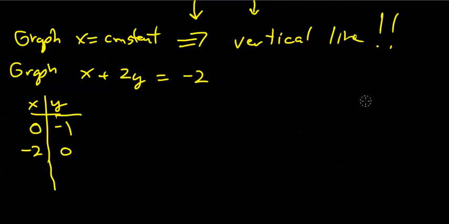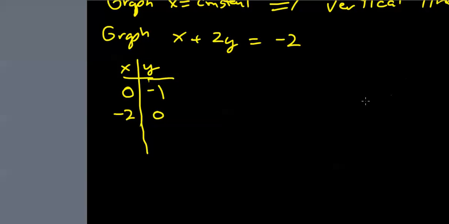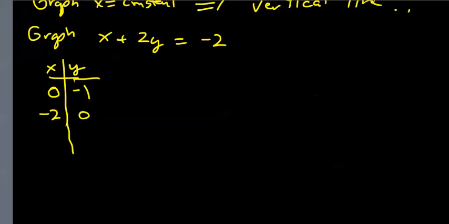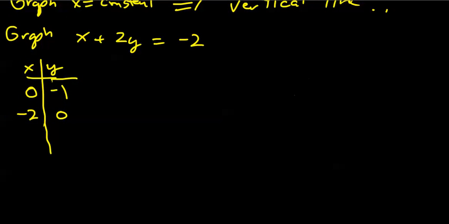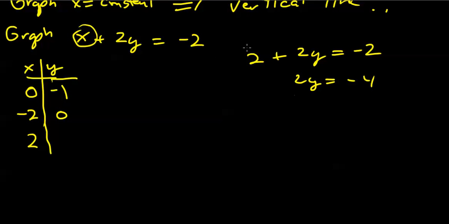And let's try another one. Let's say x equals +2. If x equals +2, I can then solve for y. When x is 2, I'm substituting 2 for x in this above equation.